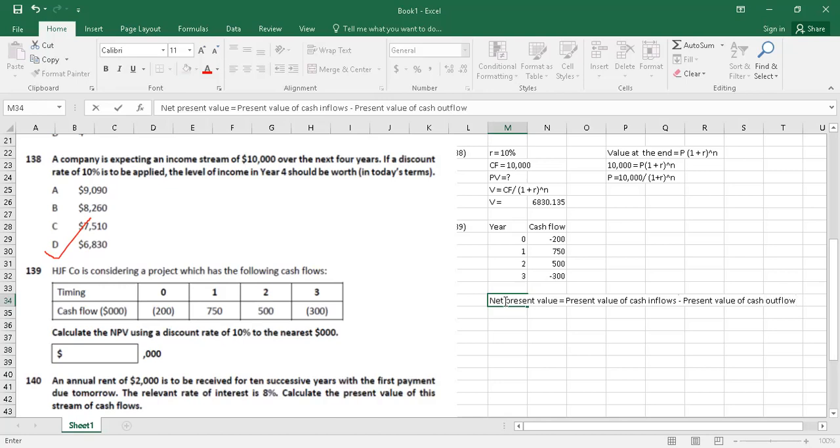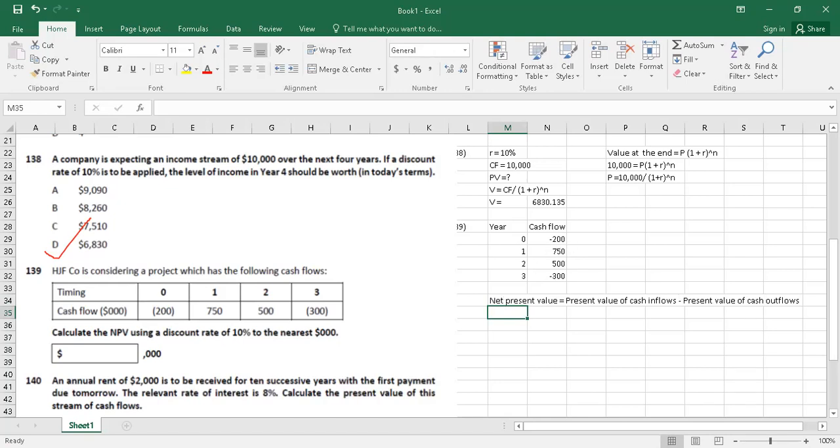The intention is to ensure that the cash inflows exceed the cash outflows. If the present value of cash inflows is greater, it would be a positive figure. If the NPV is positive, we select the project. Otherwise, we reject it. So that's the criteria here.